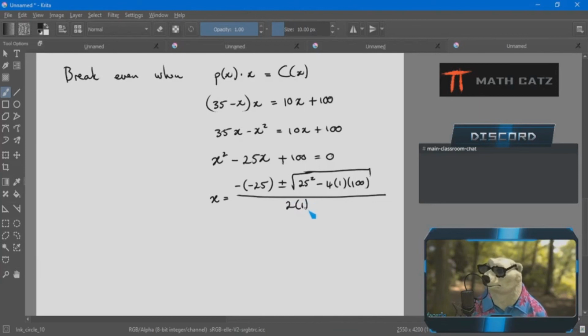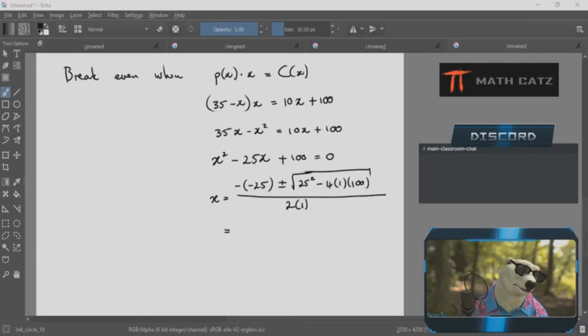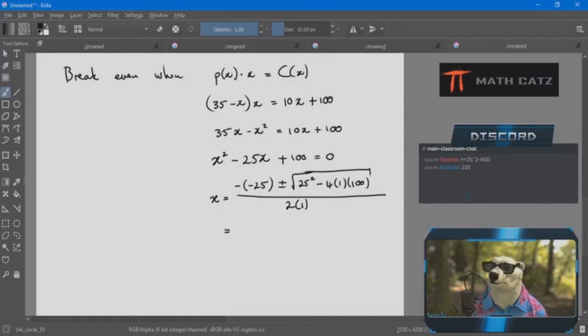Over 2 times a, which is 1. Now let's see perhaps what's inside the square root. 25 squared minus 400. I can just do right away. It is 225 indeed. So I have 25 plus or minus square root of 225 over 2.